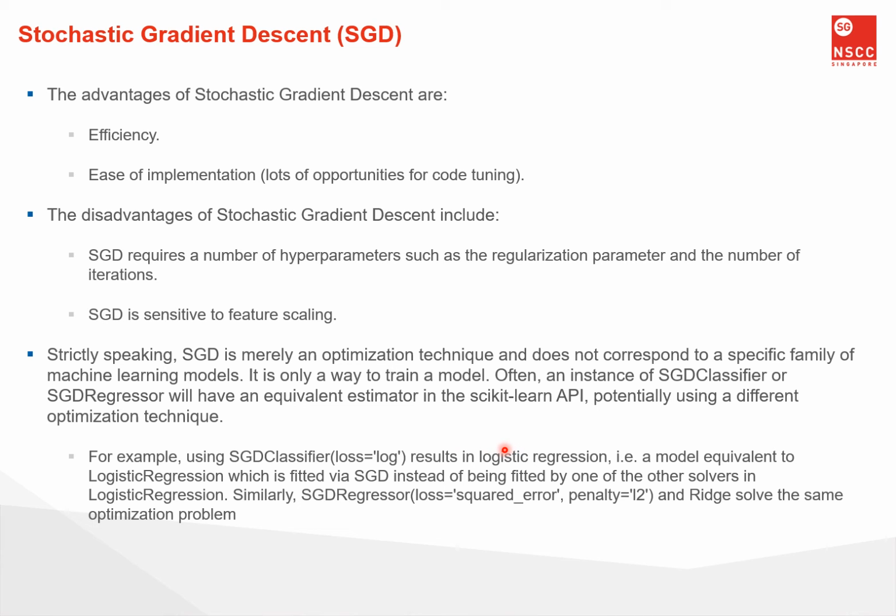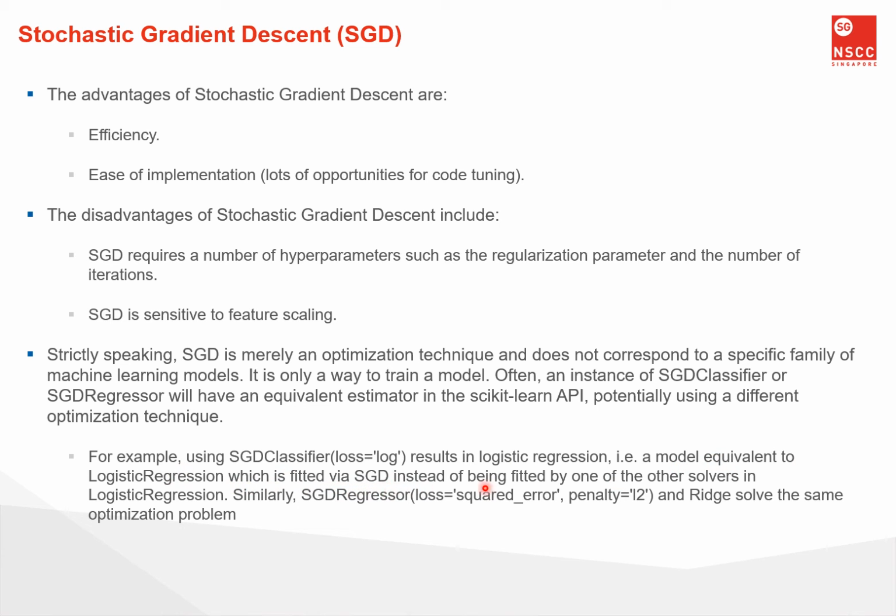So you have a very large data set and you want to apply it to the normal logistic regression, your scikit-learn will actually crash. But if you apply it to the SGDClassifier and set the loss function to the log loss function, it will implement the logistic regression, but it does it in a partial or incremental learning manner.